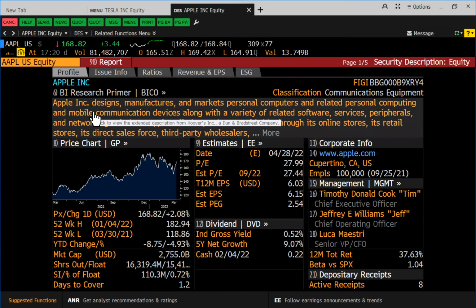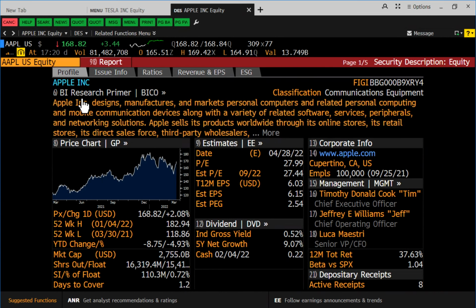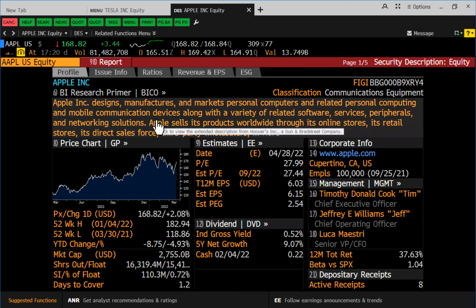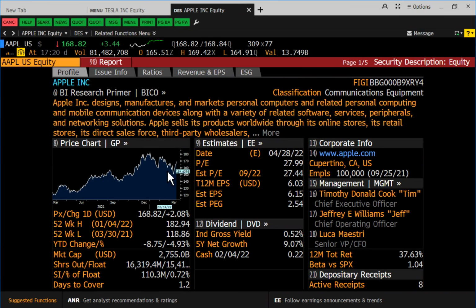It's a manufacturer producing computers and personal mobile communication devices. And its historical price changes here, 52-week high, 52-week low. And here its market cap, PE ratio, earnings per share, and Apple starts to pay dividends, and its cash dividend.